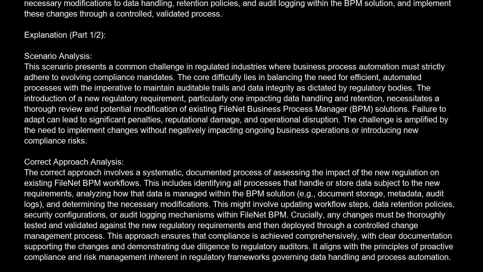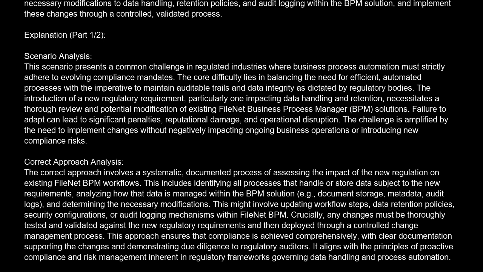Scenario analysis. This scenario presents a common challenge in regulated industries where business process automation must strictly adhere to evolving compliance mandates. The core difficulty lies in balancing the need for efficient, automated processes with the imperative to maintain auditable trails and data integrity as dictated by regulatory bodies.